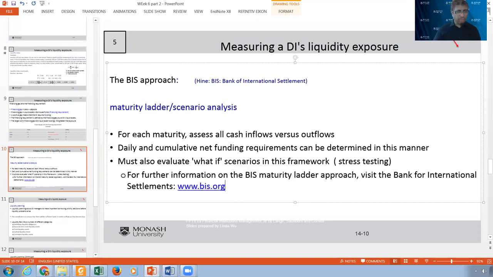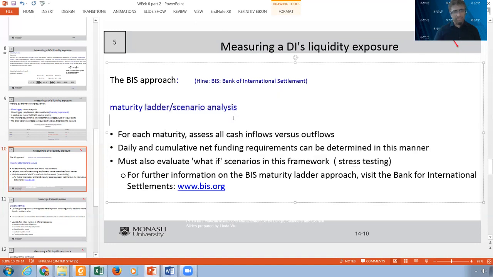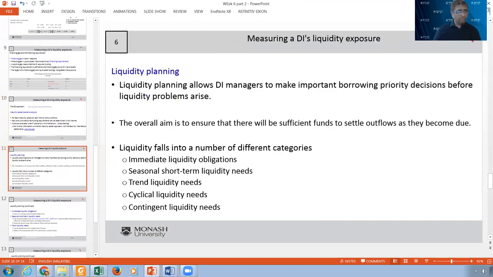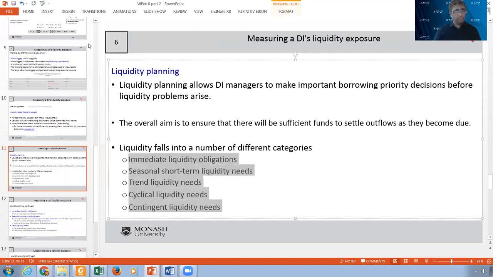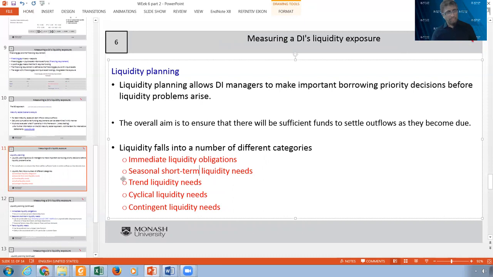As far as this class is concerned, I just want you to know that there is a ladder, and this ladder is actually using different scenario analysis. They take the cash outflow, and then they take it under different sensitivity analysis. Now, liquidity planning, as I told you, we have to take all these issues into the picture, which is the immediate liquidity obligations, which is the normal thing of the cash inflow and outflow.